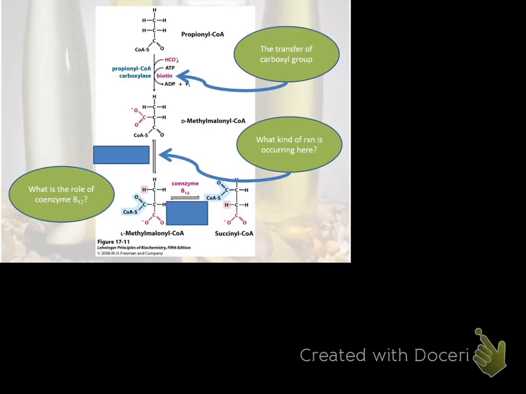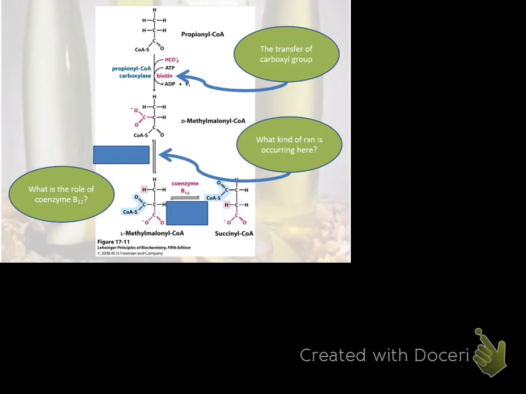All right. So for the next one, there are 2 possible answers that I can think of here: the right one and then the one that most people will guess. What is actually happening in this step? It may help if you know that methylmalonyl is a type of sugar, or a carbohydrate, if you want to think of it that way.